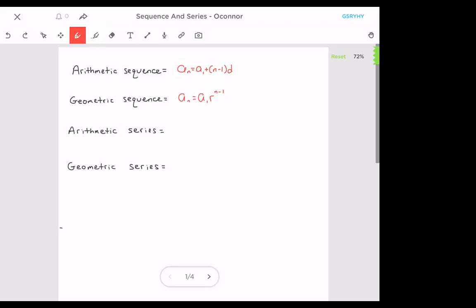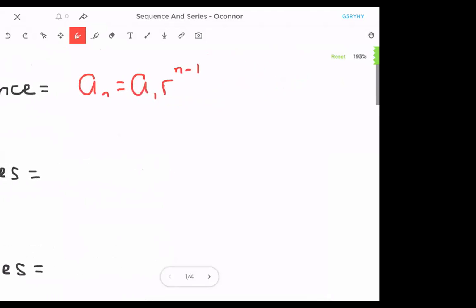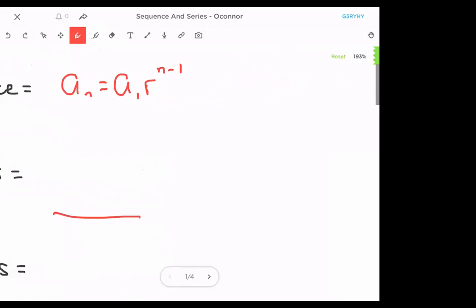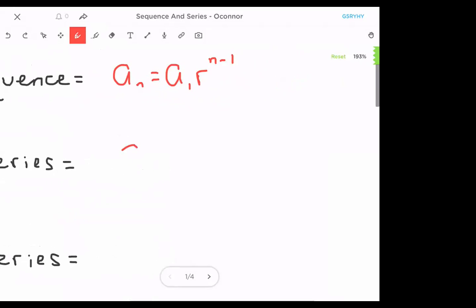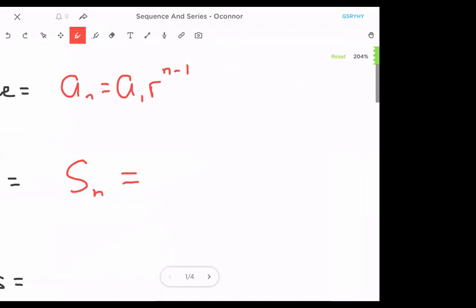All right, the next formula is for an arithmetic series. That was S sub n, so S is for sum, so S sub n is equal to n times a sub 1 plus a sub n, all divided by 2.